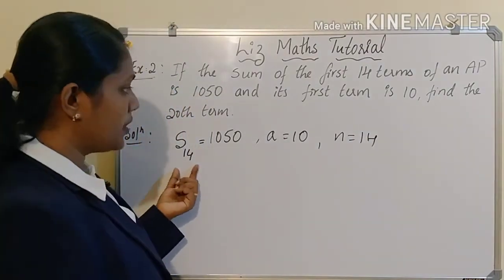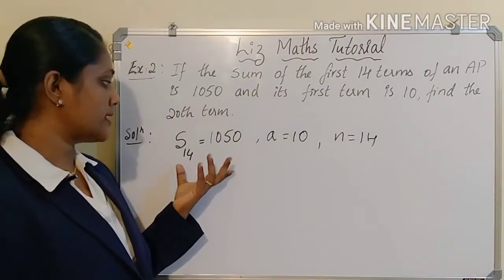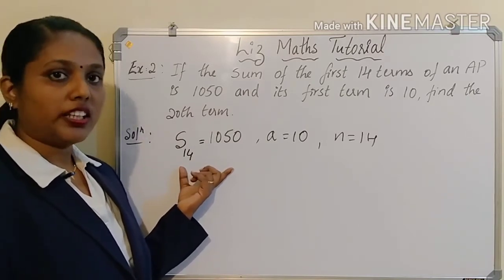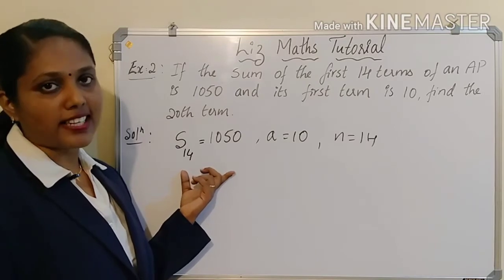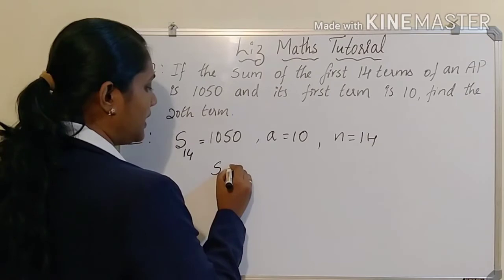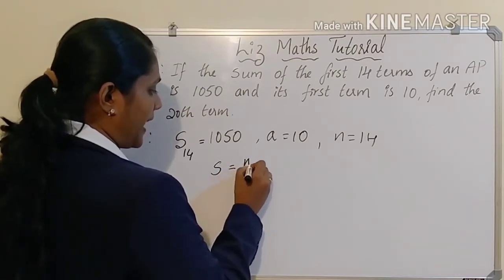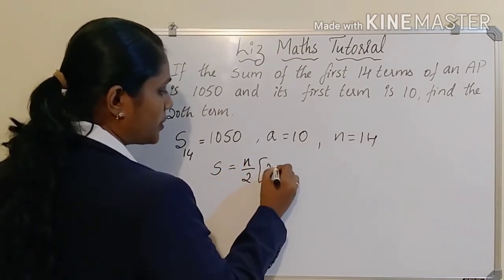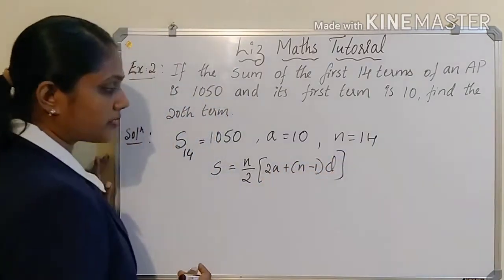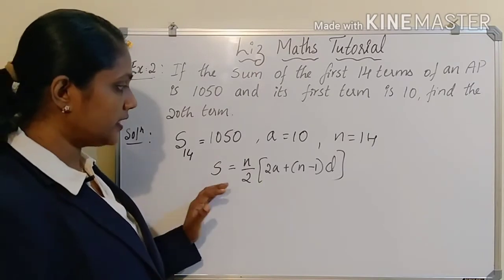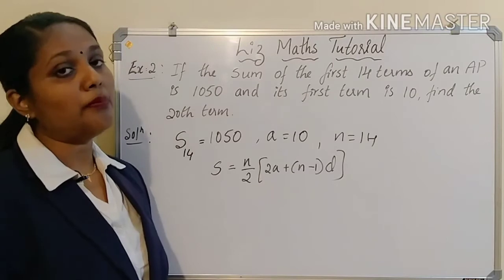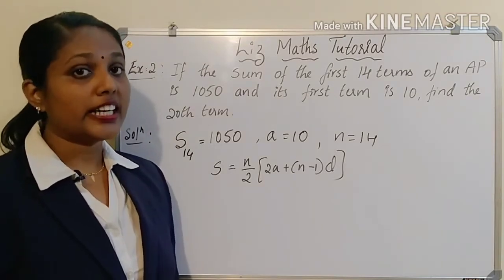So now using the formula for the sum of n terms of an AP, here you have to find out what D is. So what is the formula? That is nothing but S is equal to n by 2 into 2A plus n minus 1 into D. Here S is the sum of the total terms, isn't it?